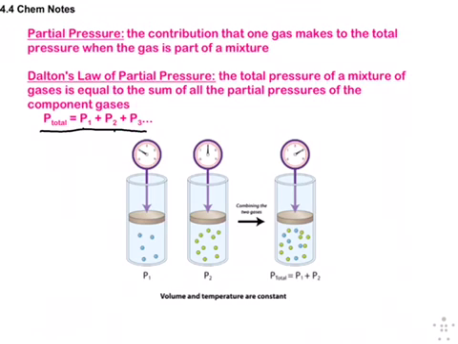Here is a visual representation. Your pressure from the first gas, not so high. Your pressure from your second gas, a little bit higher. You add them together, so your overall pressure will be higher. Your P total should be the highest value for P out of all of them.